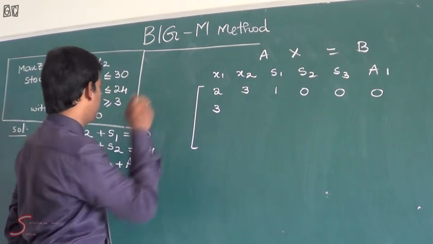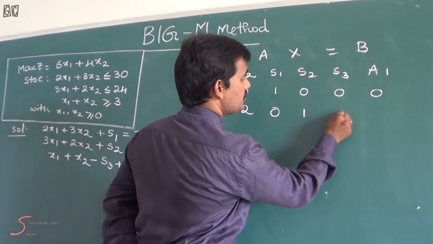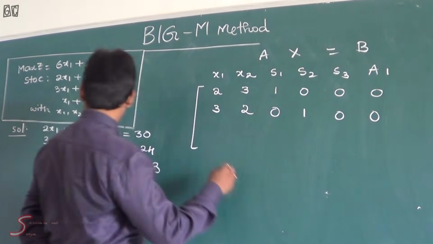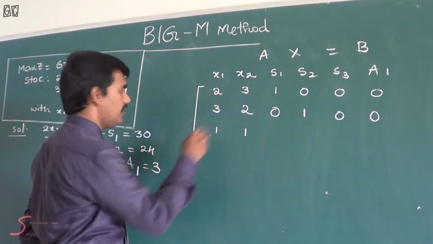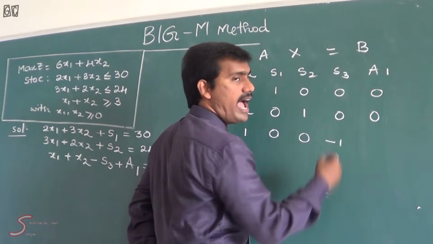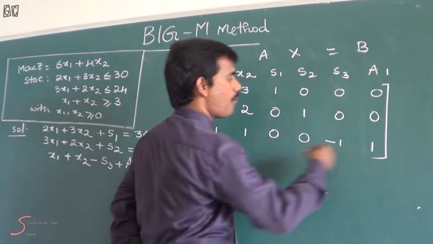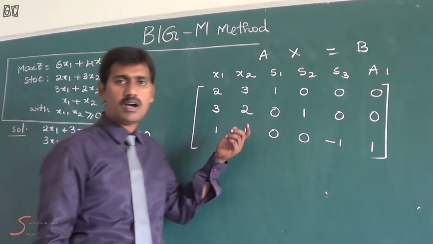In the second one we have 3, 2, 0, 1, 0, 0. And in the third equation we have 1, 1, no s1, no s2, minus s3 and the coefficient of the artificial variable is 1.